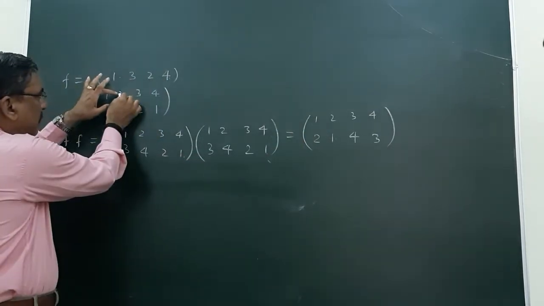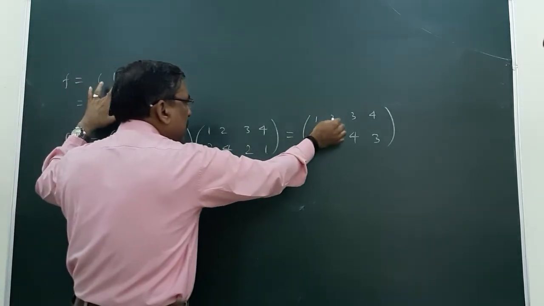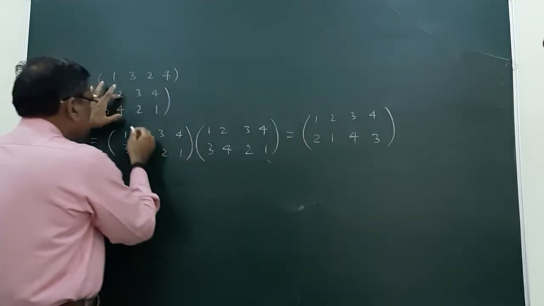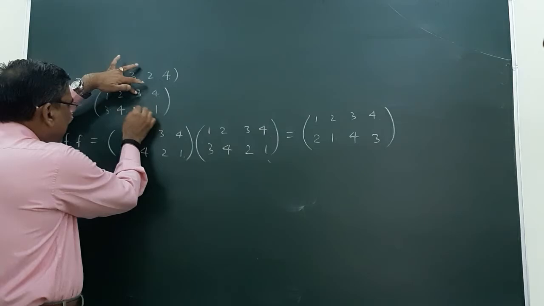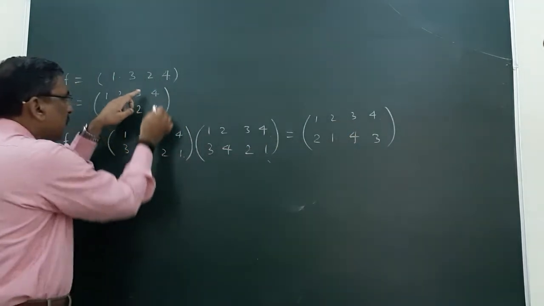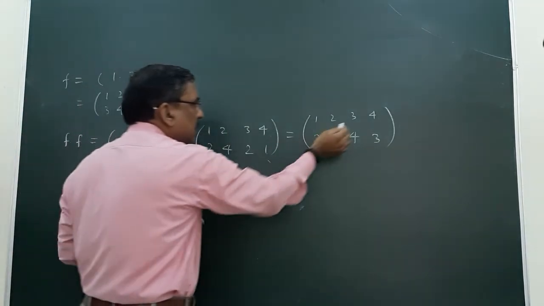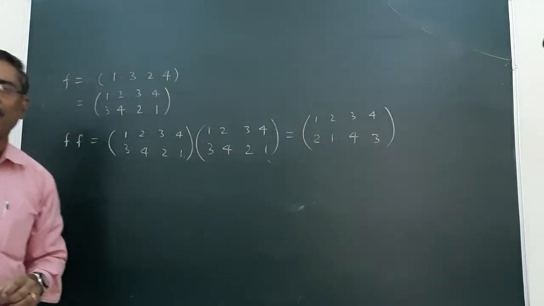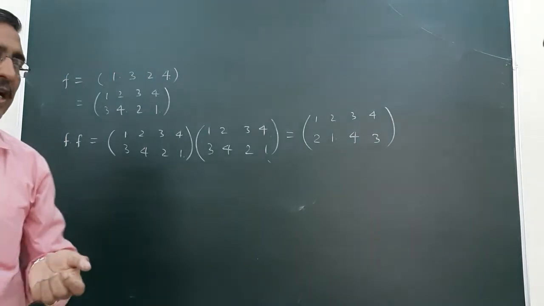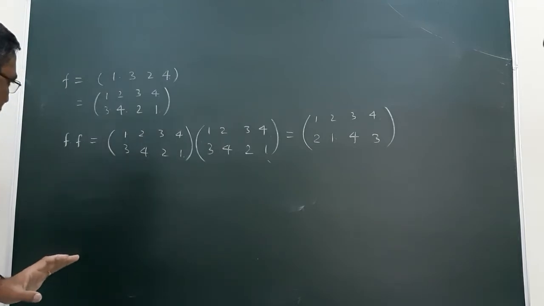Now the image of 2 is 4 and the image of 4 is 1, so the image of 2 is 1. The image of 3 is 2 and the image of 2 is 4, so the image of 3 is 4. The image of 4 is 1 and the image of 1 is 3, so the image of 4 is 3. So I can find the square in a straightforward manner the way I explained.